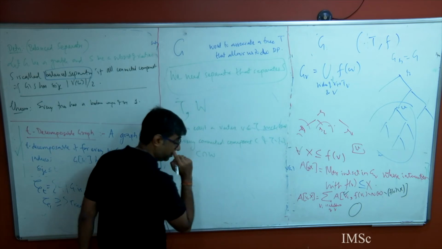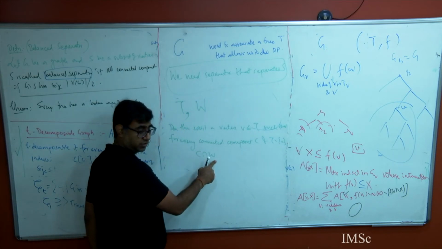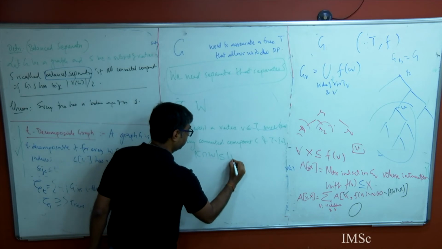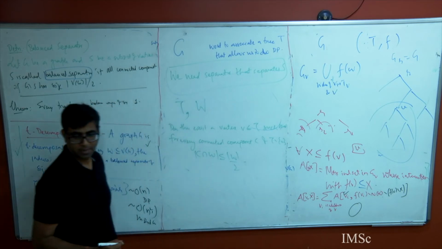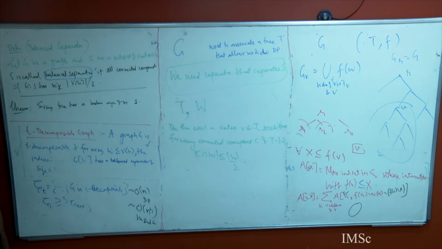C intersection W is less than or equal to W by 2. I do not care how big your connected component is, but I want W to be distributed nicely.